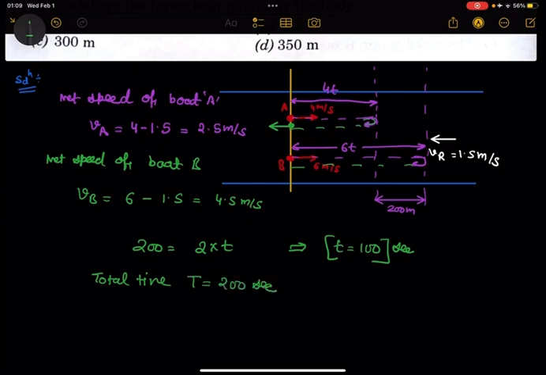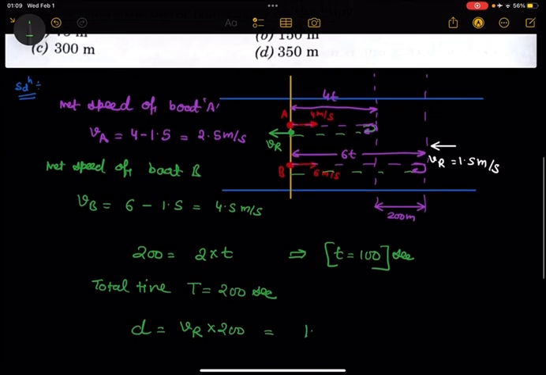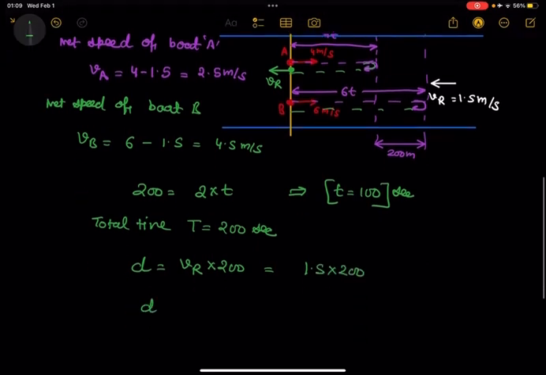And in this time, how much distance is traveled by the buoy? It is vr into 200, because the buoy is going with the speed of vr. So 1.5 into 200, exactly the answer is 300 meter. Simple.